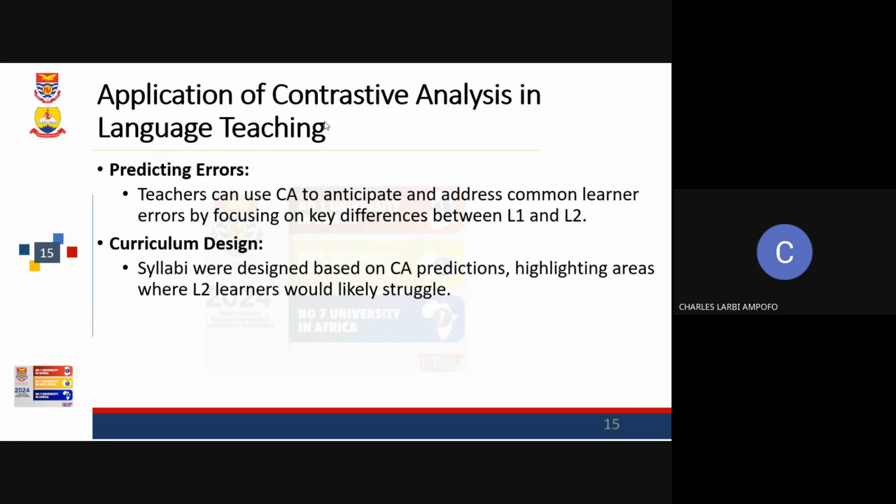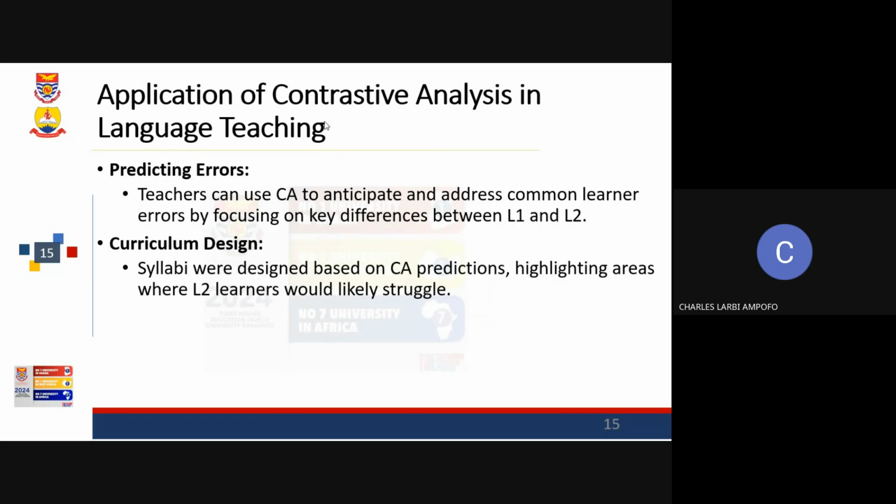And how will contrastive analysis influence your teaching? One, it helps you predict errors. If you are conscious of this, then before going to the classroom, you can anticipate, you can foretell the likely errors learners can make in learning the English language.